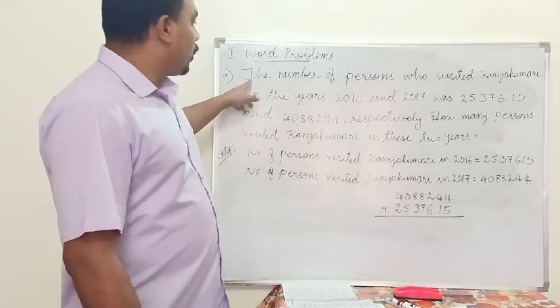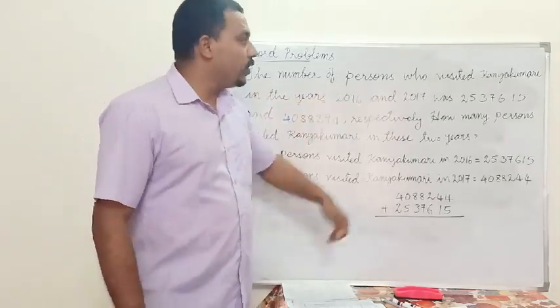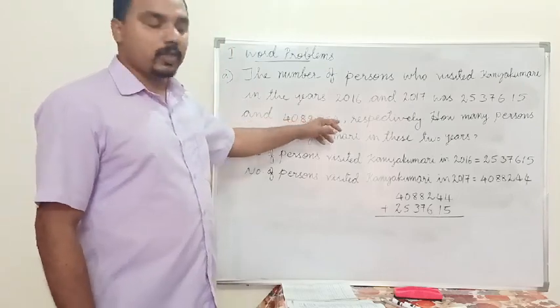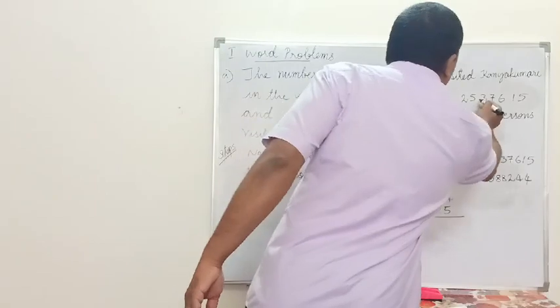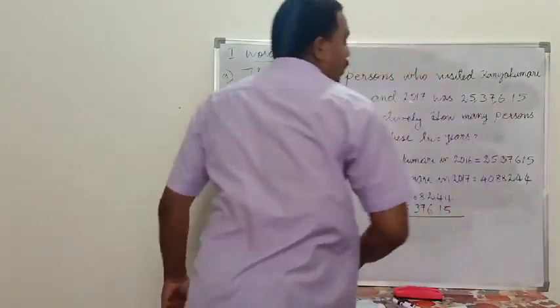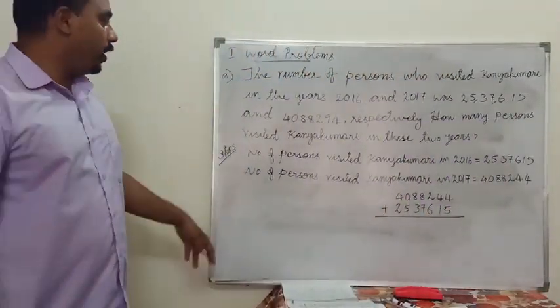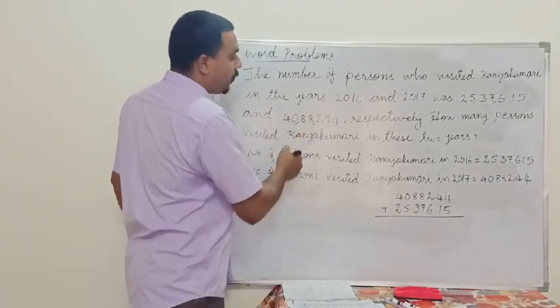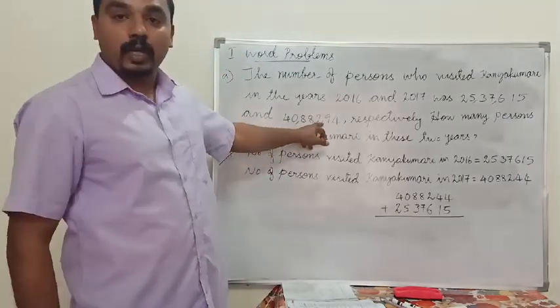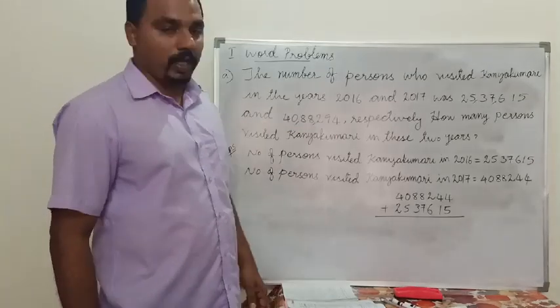Question A. The number of persons who visited Kanyakumari in the years 2016 and 17 was 25,37,650 and 40,88,294 respectively.